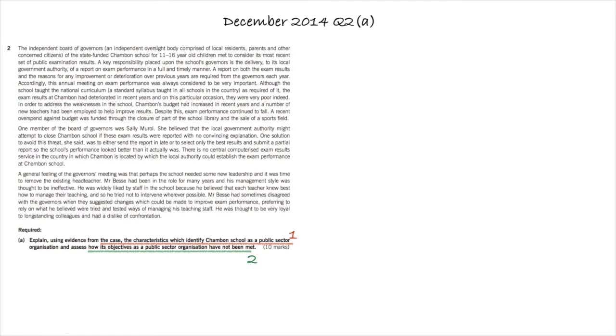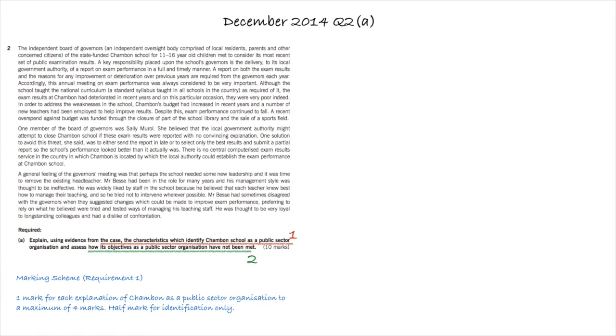So indeed, if we look at the marking scheme for, first of all, requirement 1 of part A that I've highlighted, the explanation of the characteristics which identify Chambon as a public sector organisation. Well, here we can see that there's 1 mark for each explanation of a public sector organisation to a maximum of 4 marks.